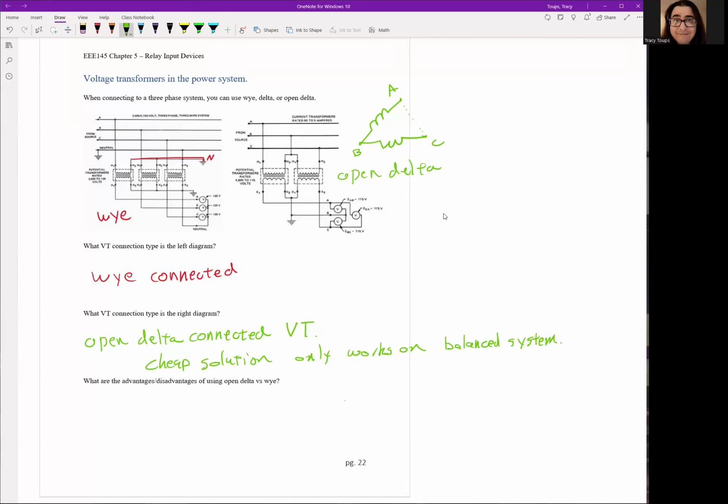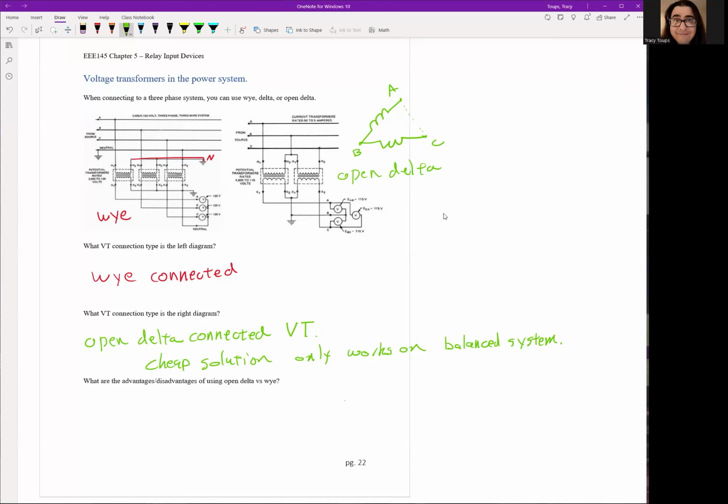If you have some level of unbalance, this won't be able to accurately read negative sequence or zero sequence. It'll only be able to read positive sequence, balanced voltages. So you might get some errors in your reading for your relay. But if you need to cheap out and only buy 2 VTs and you only care about what happens in balanced systems, you can do it and it can work.